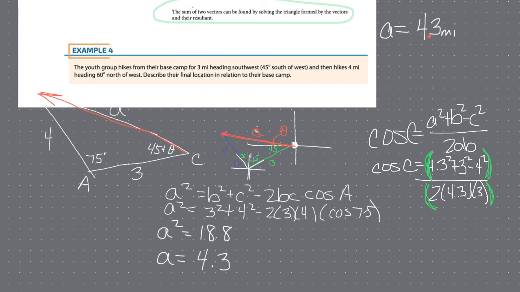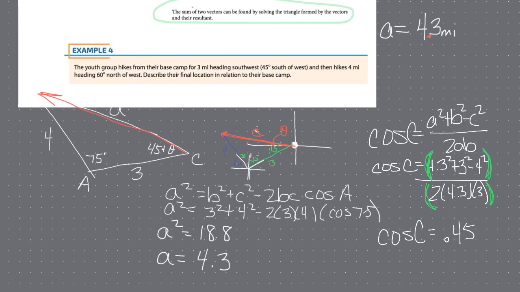I should have gotten a decimal, but I was getting a large number like 26. I just didn't put my grouping symbol in the numerator. So now once I do it the proper way, I get the cosine of C is 0.45.